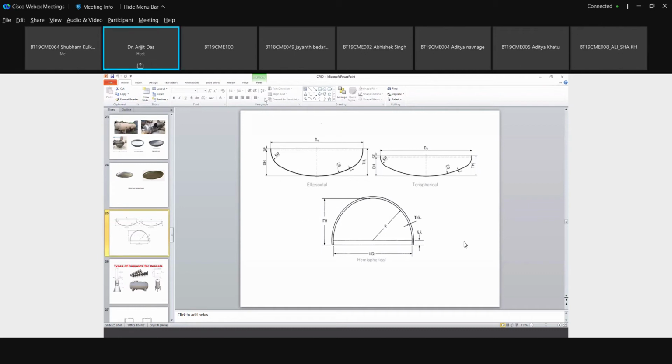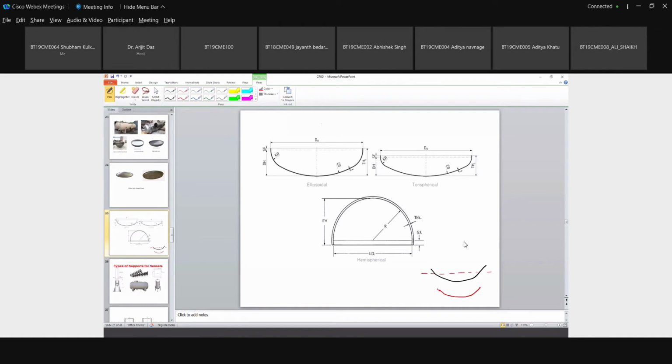Suppose this is a disc, and if I truncate it from here, then it will be like this. Sorry for the figure. So any formed head has a disc with a fixed radius, and that radius is known as the crown radius.